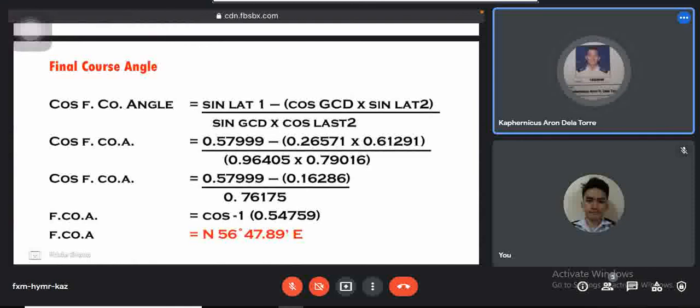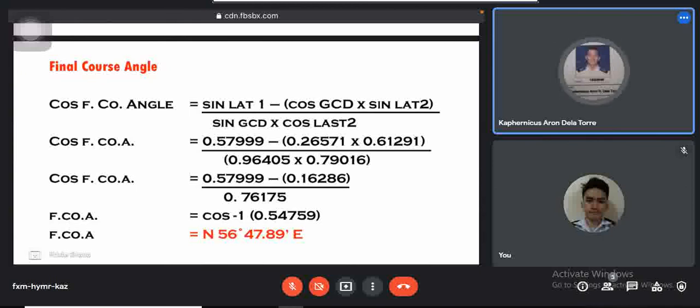Final course angle. The formula is cosine final course angle equals sine latitude 1 minus the product of cosine GCD times sine latitude 2, over sine GCD times cosine latitude 2.